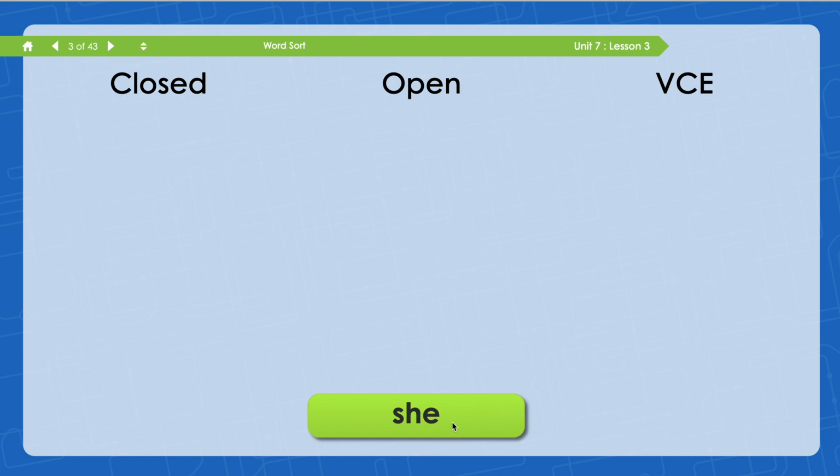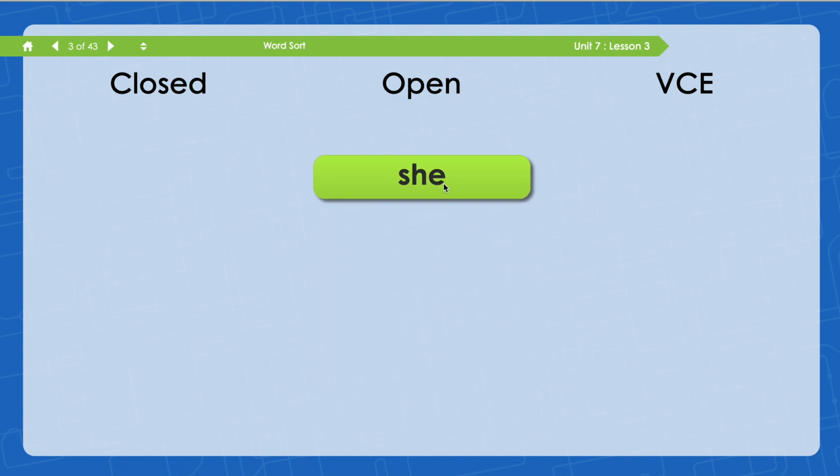Okay, I see my vowel letter E. Now, there's nothing after my vowel letter. I don't see a consonant after. I don't see anything after. So I know right off the bat, snap of a finger, that is an open syllable word, and it makes the long E sound at the end, she, right? That E says its name.